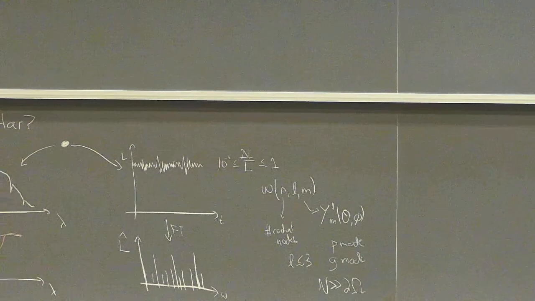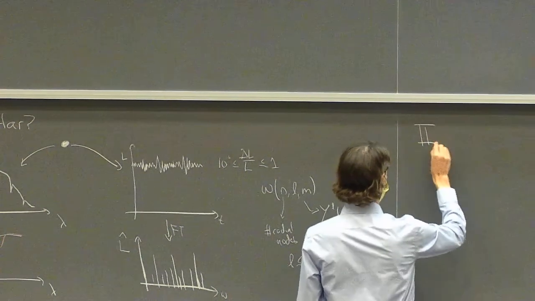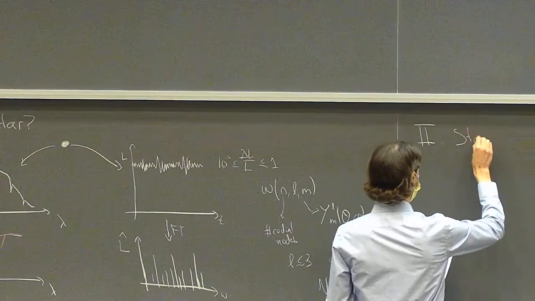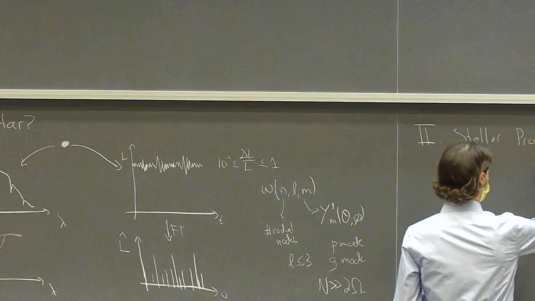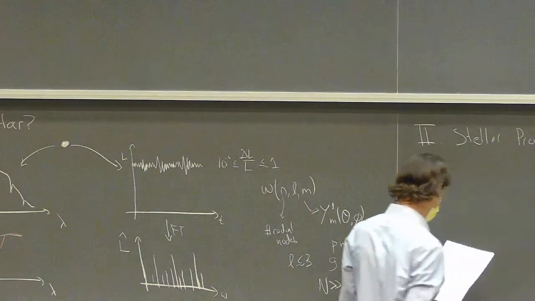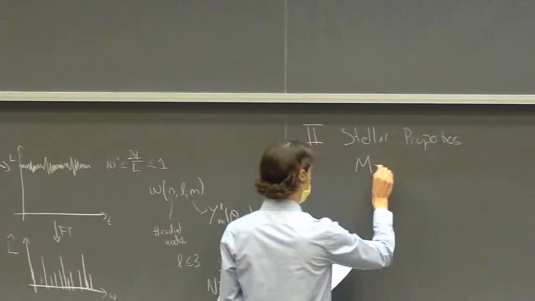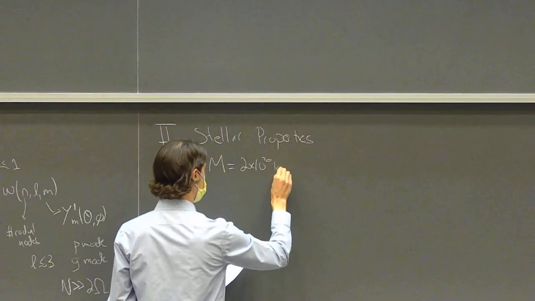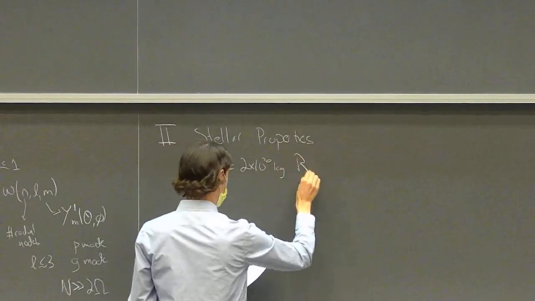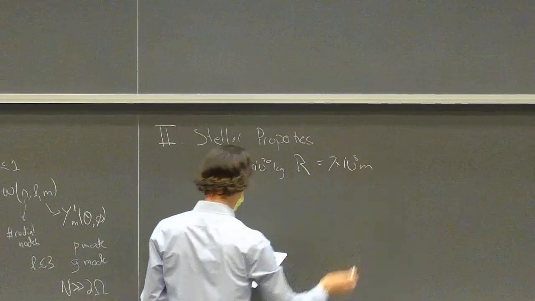Okay, so let's talk about some properties of stars. And just as an example, I'm going to give some properties of the sun. Mass of the sun is 2 times 10 to the 30 kilograms. Radius of the sun is 7 times 10 to the 8 meters.